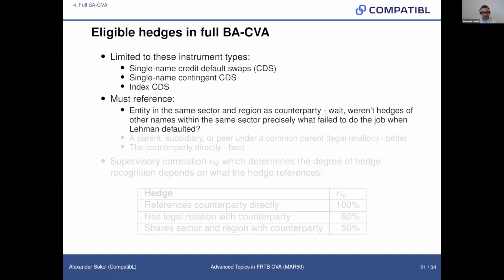Okay, hold on a second. Wasn't this the problem in the financial crisis? That's the first question that anybody would ask reading the regulation. There are very famous cases when financial institutions lost a lot of money because they had the great idea of hedging exposure to Lehman with CDS on another bank.